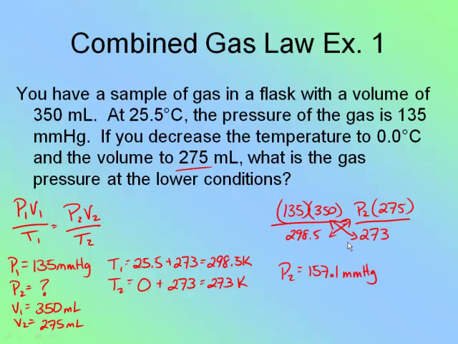But I've got to keep to the correct number of significant figures. So I look at my numbers. I've got 3 sig figs here, 4, 3, 3, but only 2 sig figs for that volume. So I have to convert this to 160 millimeters of mercury. Sig figs, extremely important in these problems.